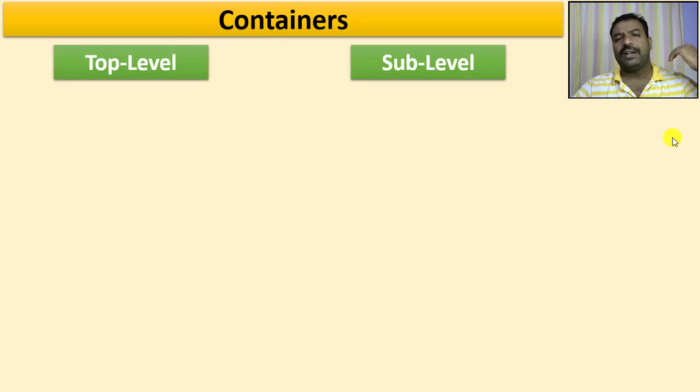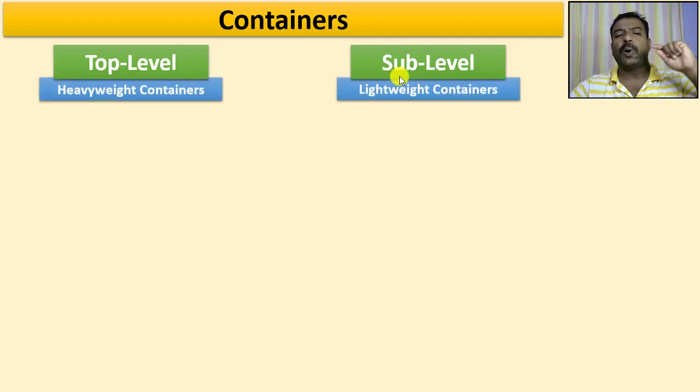Now let us come to containers. When I talk about a container, again it's a special type of component. Hence, when I'm going to have a container, I'm going to have two types. One is the top level containers and next is the sub level containers. Top level containers are the heavyweight containers which will be directly interacting with the platform system's specific operating system.